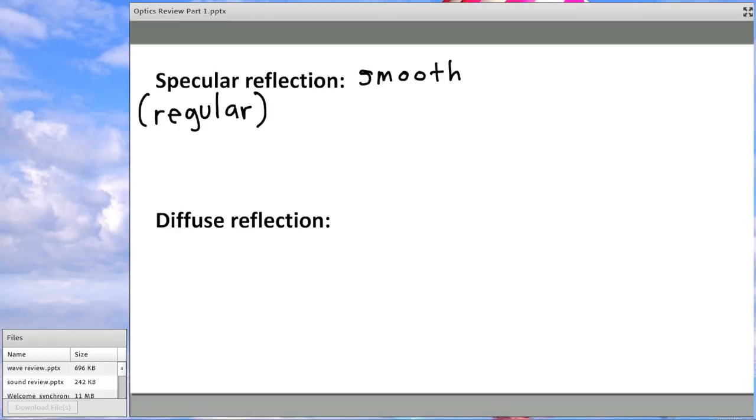But they call it regular reflection, but the actual term is specular. And so let's think of some smooth surfaces that would have specular reflection. Your phone screen, shiny. Any mirror would have a specular reflection.